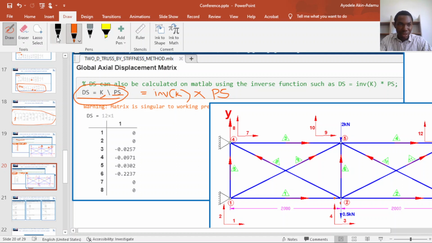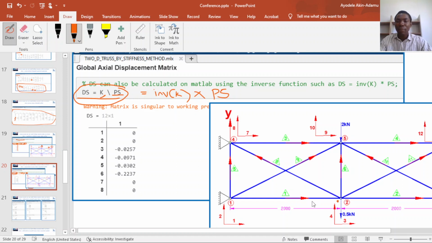So the resultant, if we were to look at it, the node moves somewhere here.